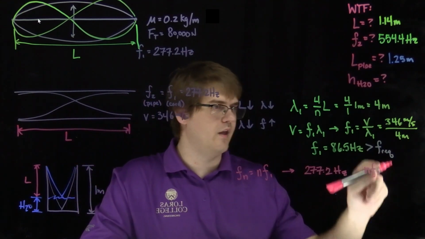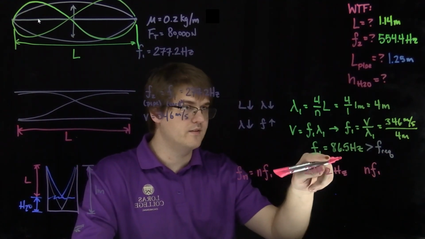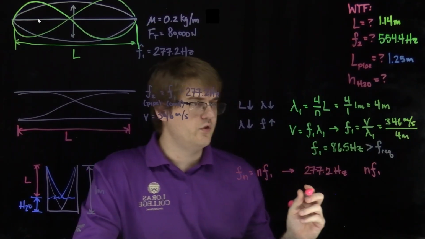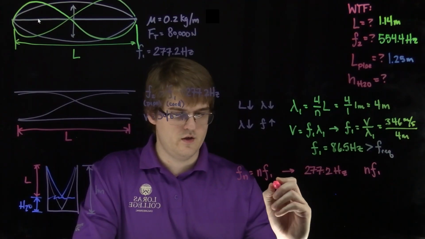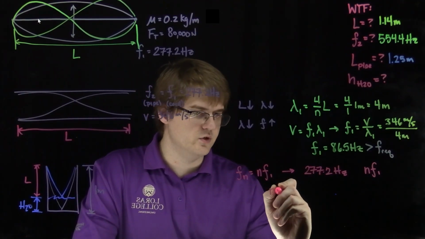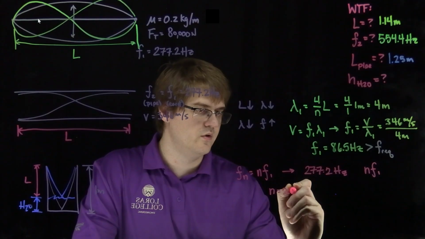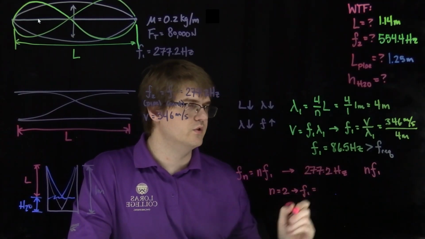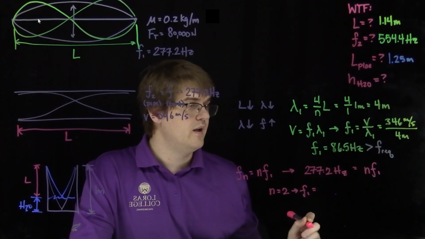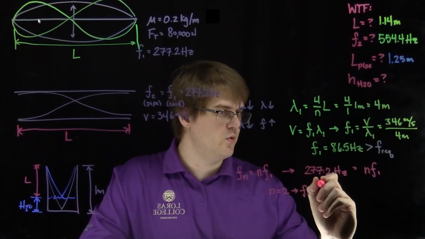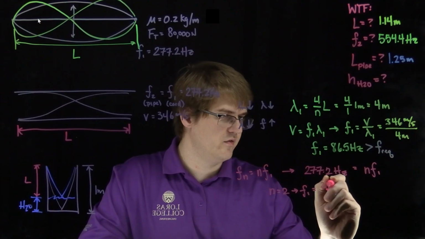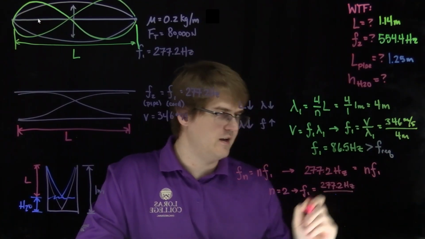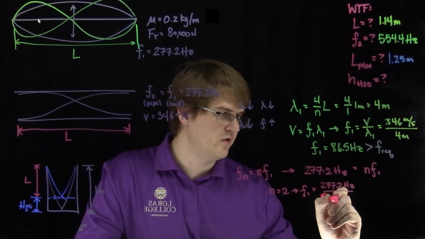And that F1 is the natural frequency that we want to set this at instead of 86.5. So if n is equal to 2, F1 is going to be equal to 277.2 hertz divided by 2.